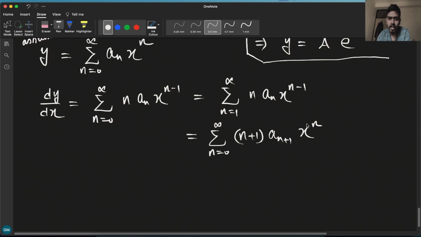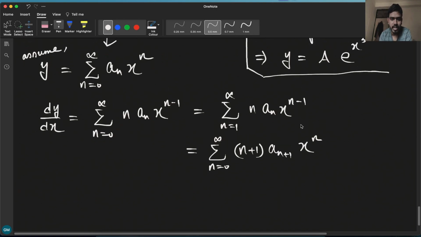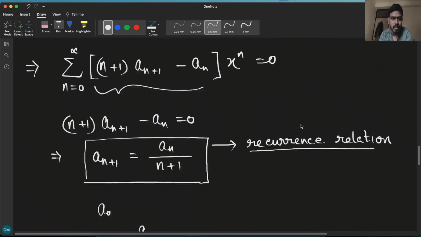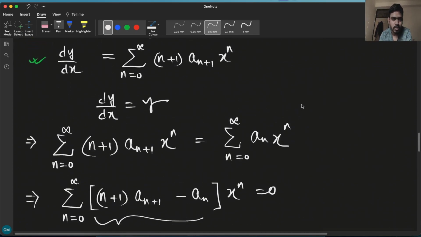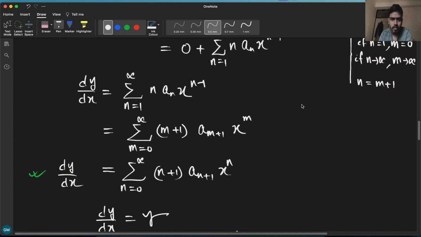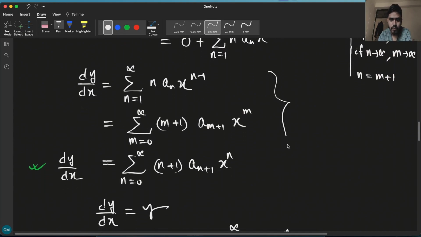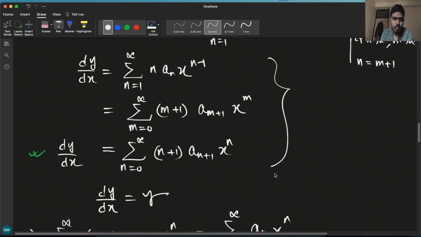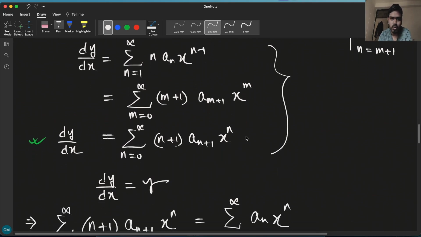You need to do the index shift. It's the same as what we did in the last example. If you follow these steps, you will get the same expression.